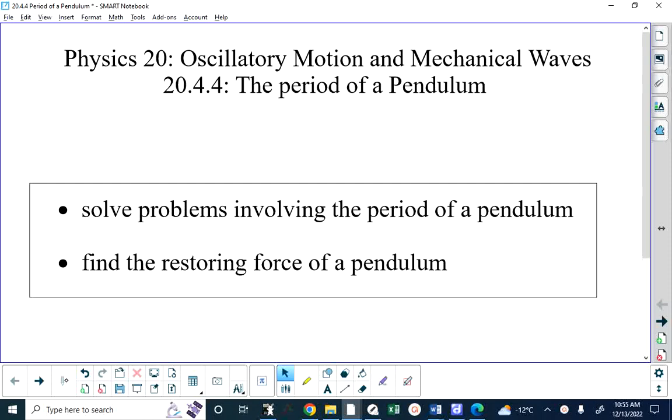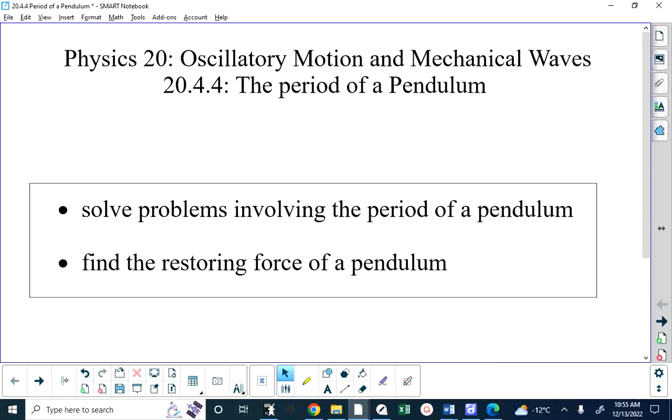a pendulum. When we looked at the restoring force on a spring, on the mass on a spring, restoring force is the force that pulls the mass back to the equilibrium position. And for a horizontal spring, that restoring force is the spring force. It's the force that the spring exerts on the mass.